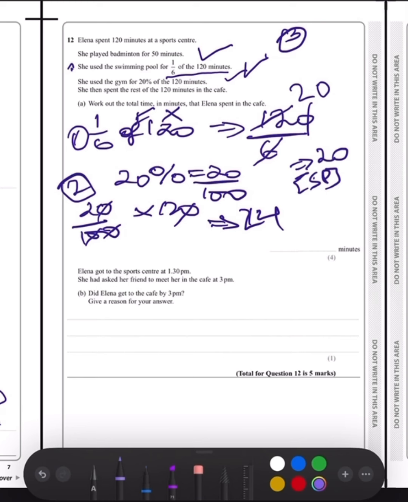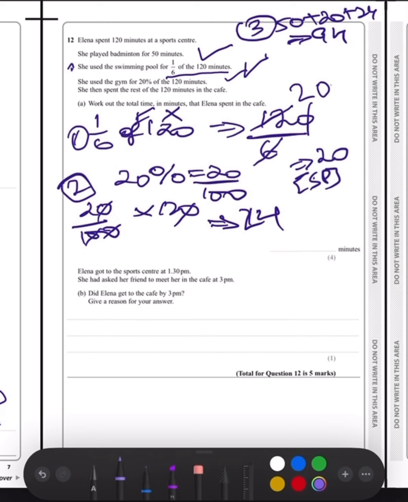So when we add this up, we know it's a 50. Our new value is a 20. And then our solved value is again 24. We add these up, 50 plus 20 plus 24. I'm going to write it in a neater way because it's a bit hard to see and the numbers get a bit confusing. So third point, we know 50 plus 20 plus 24 basically gives an answer of 94.